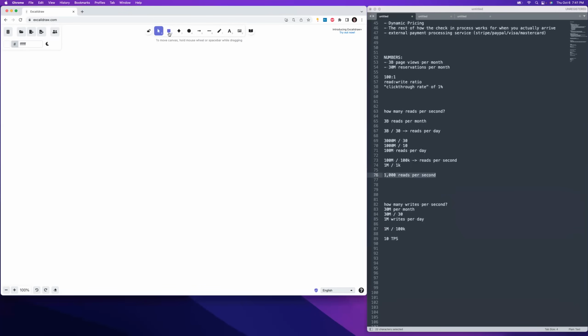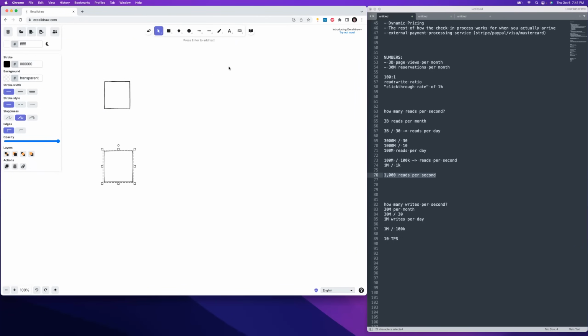So let's go ahead and jump into the graph. We're going to have 2 browsers that I'm going to draw, and they're both for the customer. So we're going to have the browser for customer viewing listings, and we're going to have the browser for the customer making reservation.